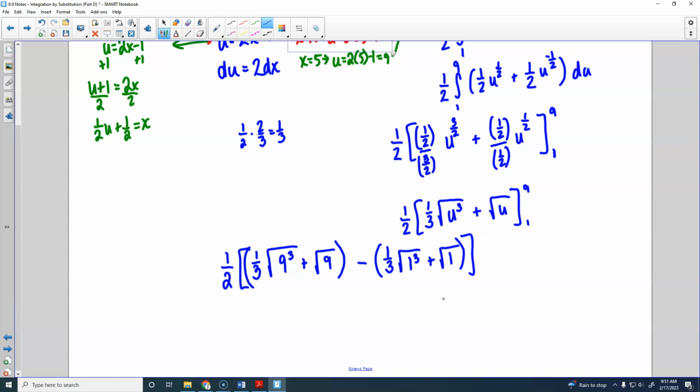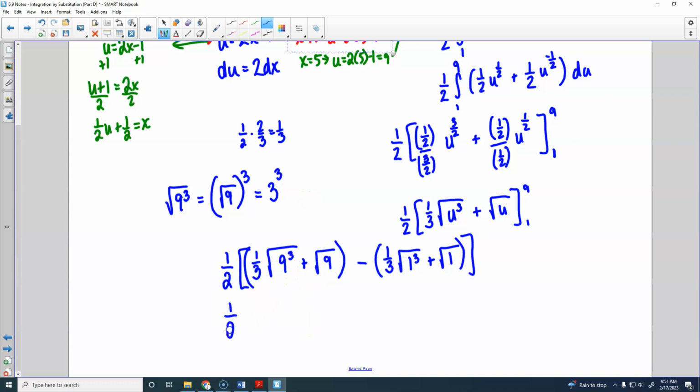Now, square root of 9 to the third is getting to be one of those numbers like if we do 9 to the third power, it's going to be like 81 times 9, and it's going to be a big number, and we might not know the square root of it. But square root of 9 to the third power is the same thing as the square root of 9 raised to the third power. What is the square root of 9? 3. 3 to the third is 27.